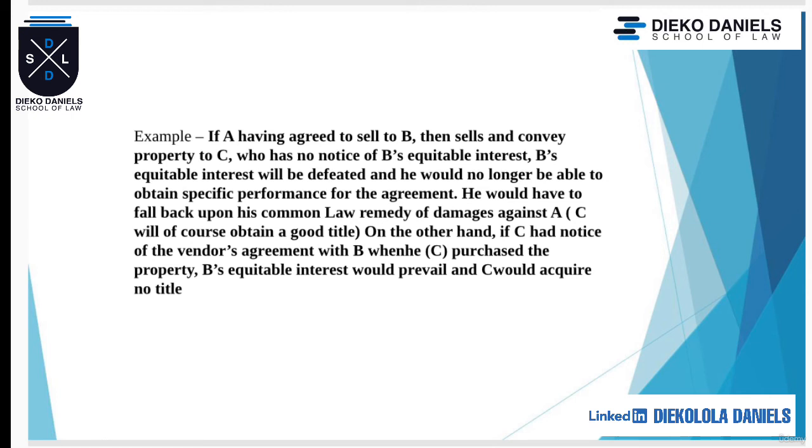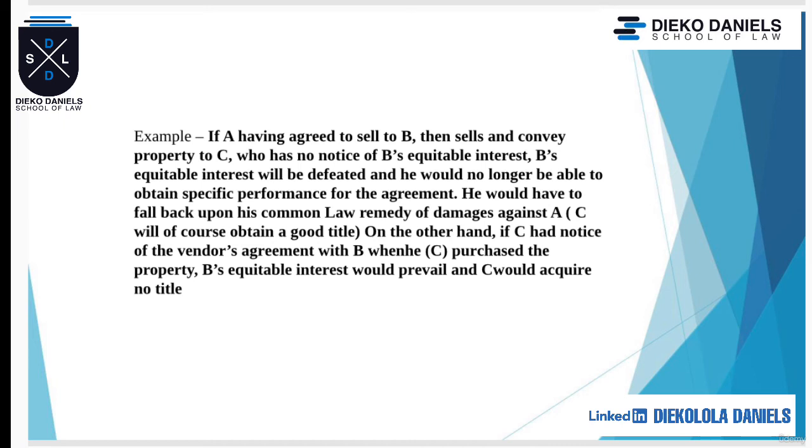Now, on the other hand, if C had notice of the vendor's agreement with B when he, that is C, purchased the property, B's equitable interest will prevail and C would acquire no title. Can you see that? The only time B's equitable interest in that land will be defeated is when what?